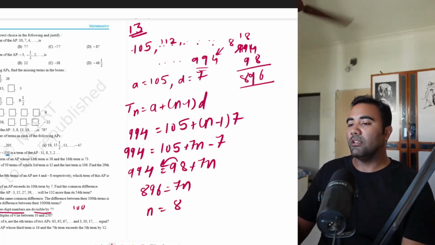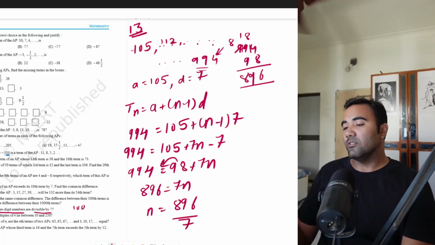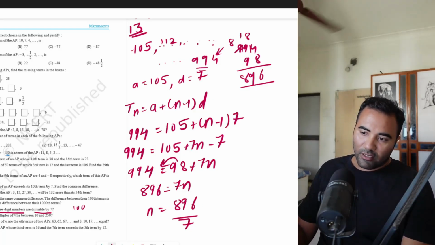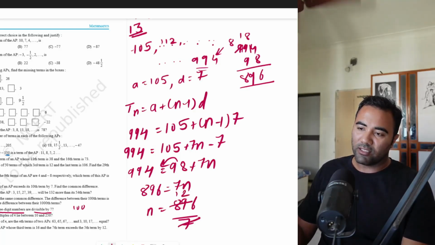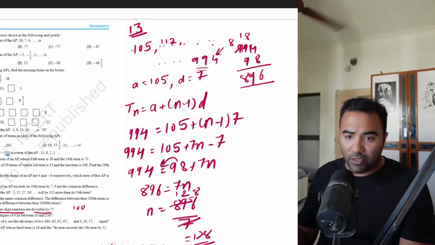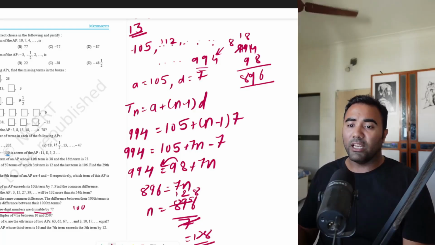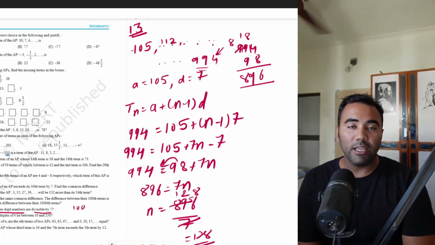N should be 896 upon 7. Let's hope this divides. 7 twelves are 84, 5 is left, 7 eights are 56. So 128. So there are a total of 128 three-digit numbers that are divisible by 7.